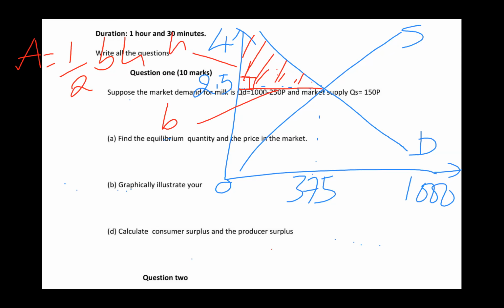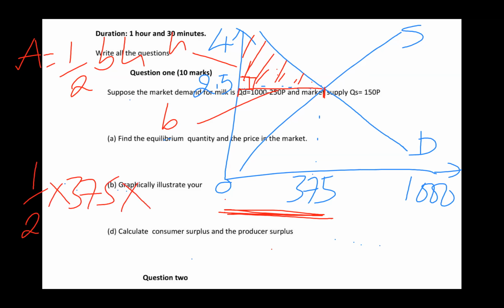The base is from this point up to this point, along the horizontal axis. How many units are there? 375, isn't it? From 0 to 375. That's your base. So you have half times 375 times the height.